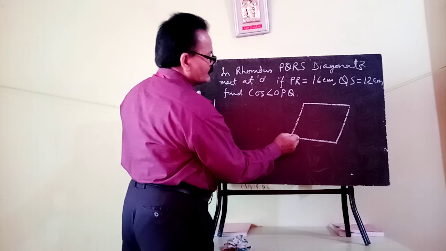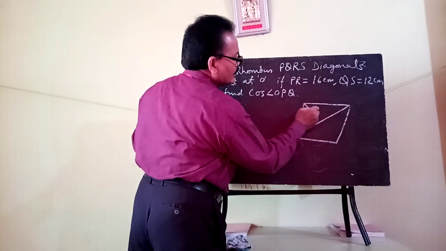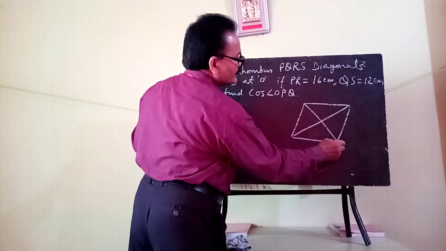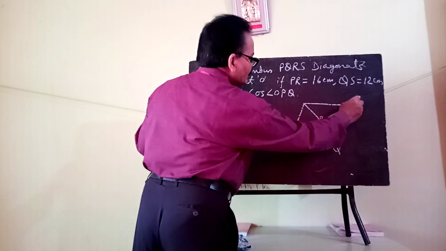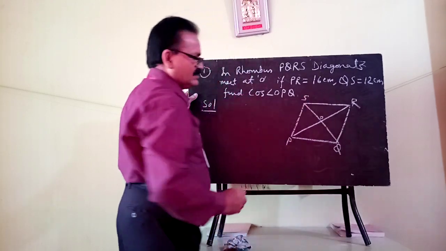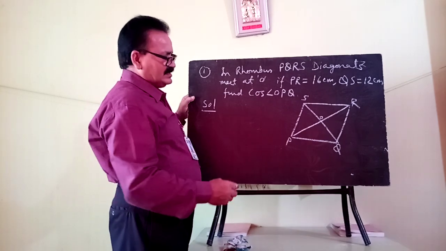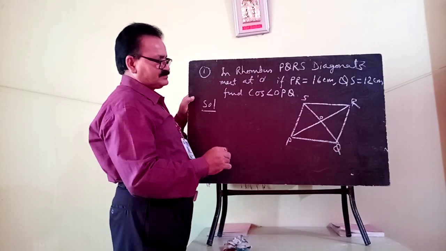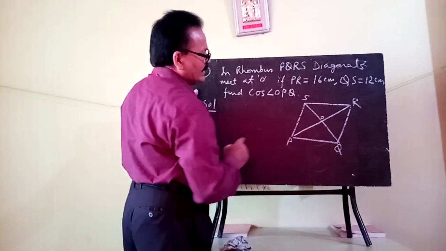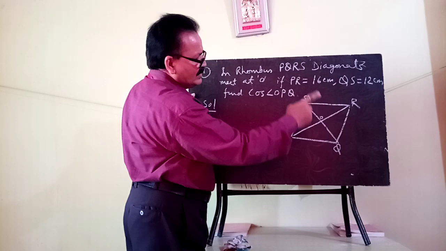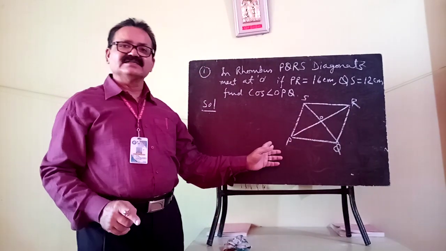The diagonals meet at O. So first draw the diagram. Here the point O lies, and you put the names P, Q, R and S. The length of PR means the diagonal, and QS is also a diagonal, so the lengths of the diagonals are given.